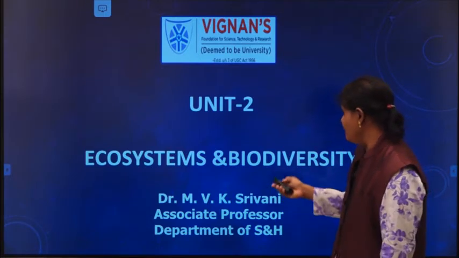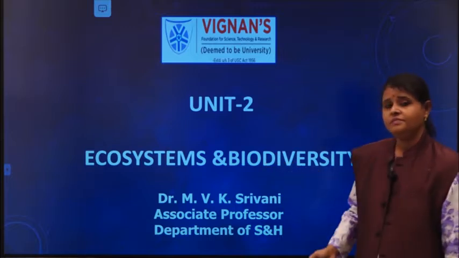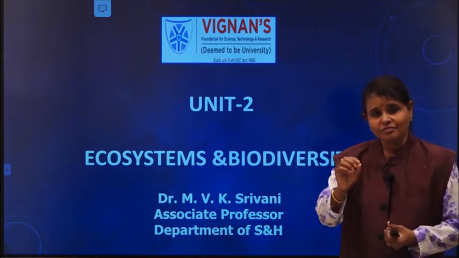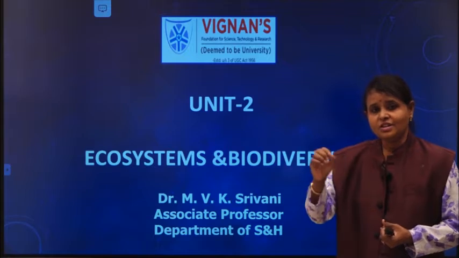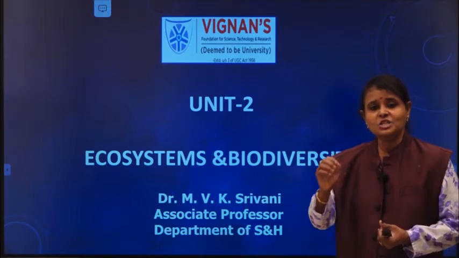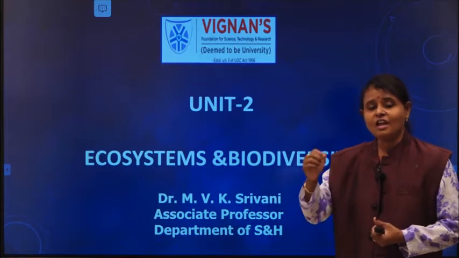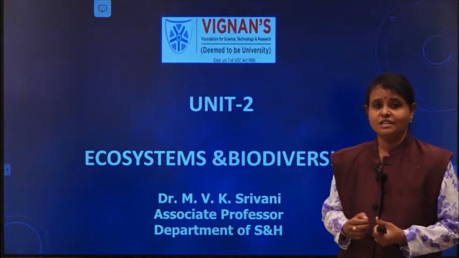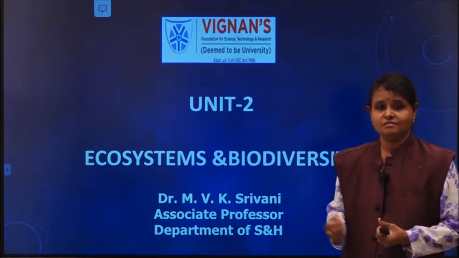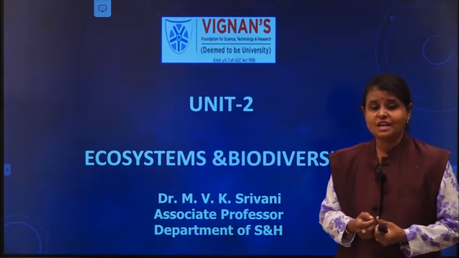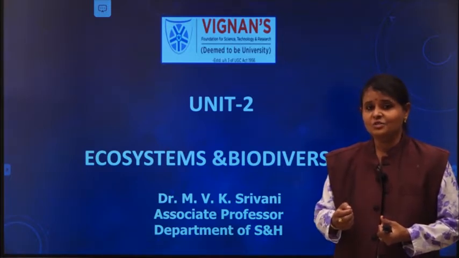The next topic is biodiversity. What is bio? It means life. Diversity means variation. So biodiversity means the variety of life on earth. Let us see in detail about ecosystems and biodiversity in Unit 2.